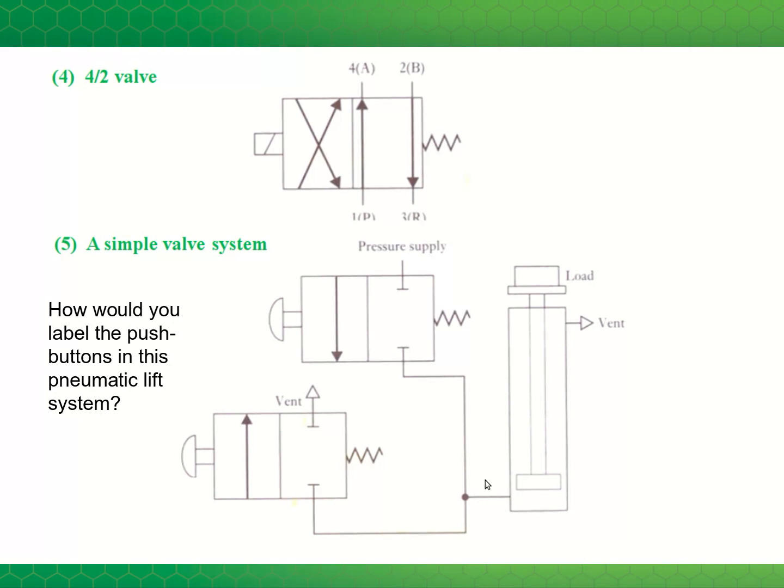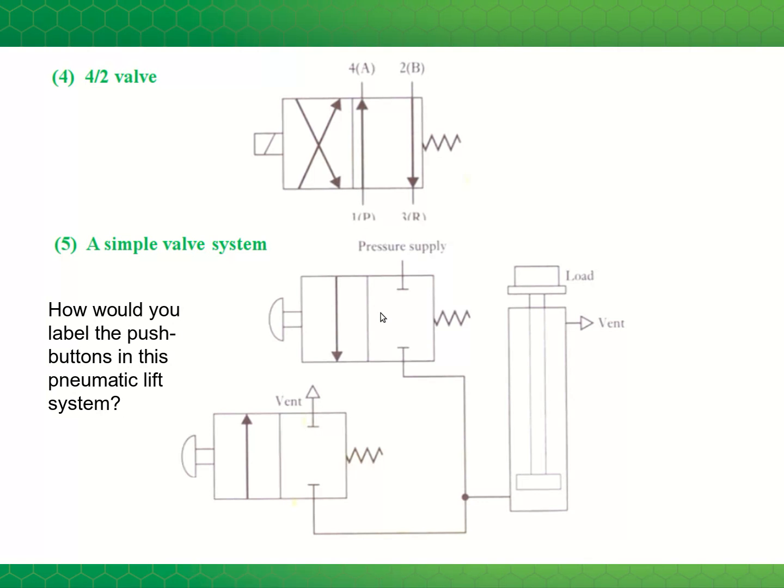So we're using pneumatic pressure to extend the cylinder. So when this portion of the cylinder is vented, it's going to retract, and when it's given pressure, then it'll extend. So here's our supply pressure, and here's a vent. So this triangle symbol is common for venting.